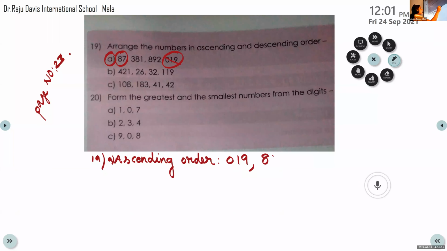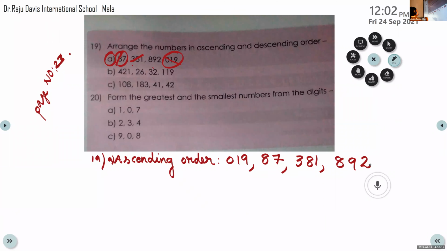And after 87, we have to compare 381, 890. 381, then 892. 892, that is the biggest one.